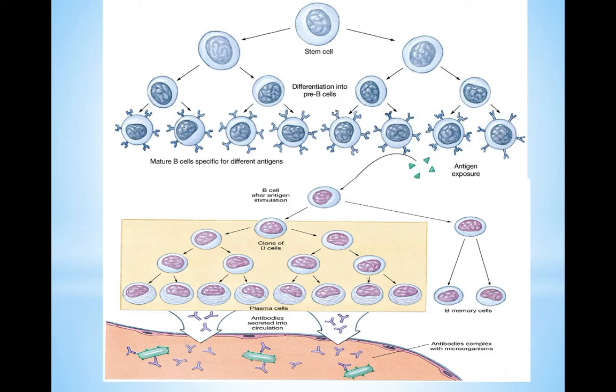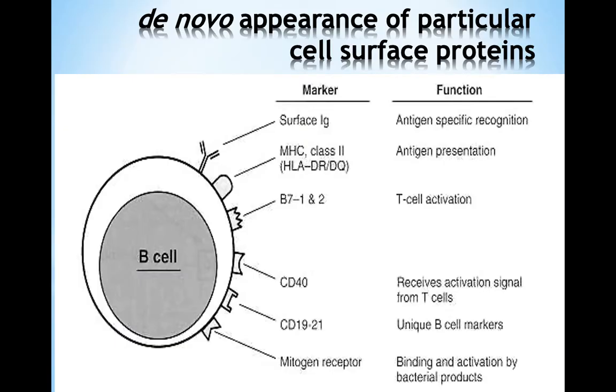Okay? And then, aside from B cell receptors, there are other cell surface receptors that you expect to find in a differentiating B cell, to be specific. So these receptors usually appear from the ground up.